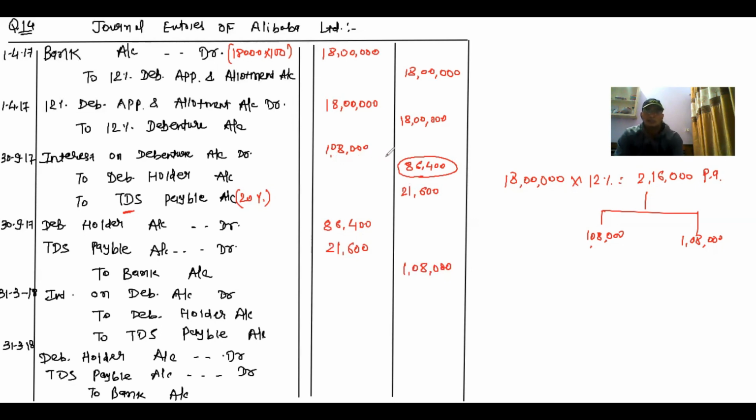Now this journal entry is repeated on 31st March. So if the journal entry is the same, the amount is also the same: 86,400, 21,600, and the total comes to 1 lakh 8,000. Simple. So finally this sum is over, and from the next class I am going to start another method for this chapter. Okay, thank you.